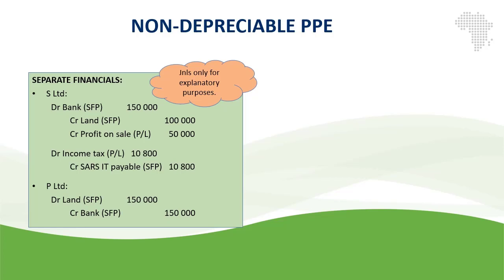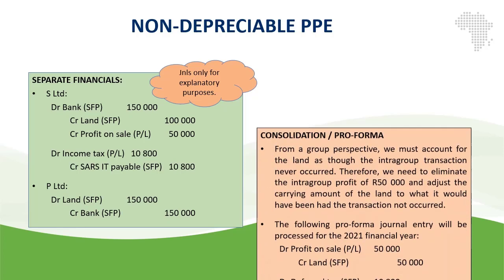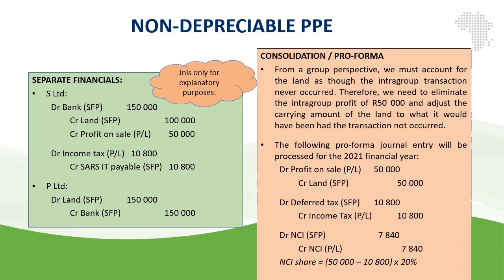So let's get into the pro formas. The first thing that we need to do is to eliminate the profit that was recognized on the sale of this land, because it's an unrealized profit because it relates to two companies in the same group. We eliminate that profit by debiting profit on sale of 50,000, and at the same time, the carrying amount of our land needs to be adjusted because it's currently sitting at 150,000 in the books of P Limited.